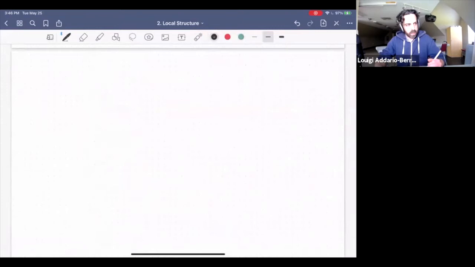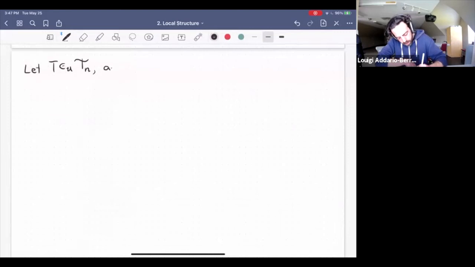Okay, in order to describe the local structure, I need a little bit more notation. Let's take a uniformly random tree, and now I'm actually going to use the bijection to understand the local structure near the root.